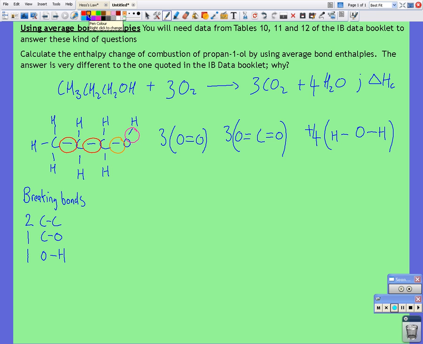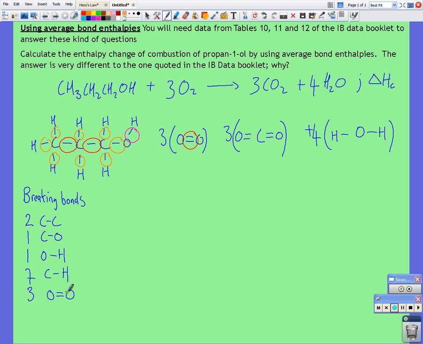I've got 1, 2, 3, 4, 5, 6, 7 carbon-hydrogen bonds. That's everything broken in the propan-1-ol. And then I've got 3 oxygen-oxygen double bonds.